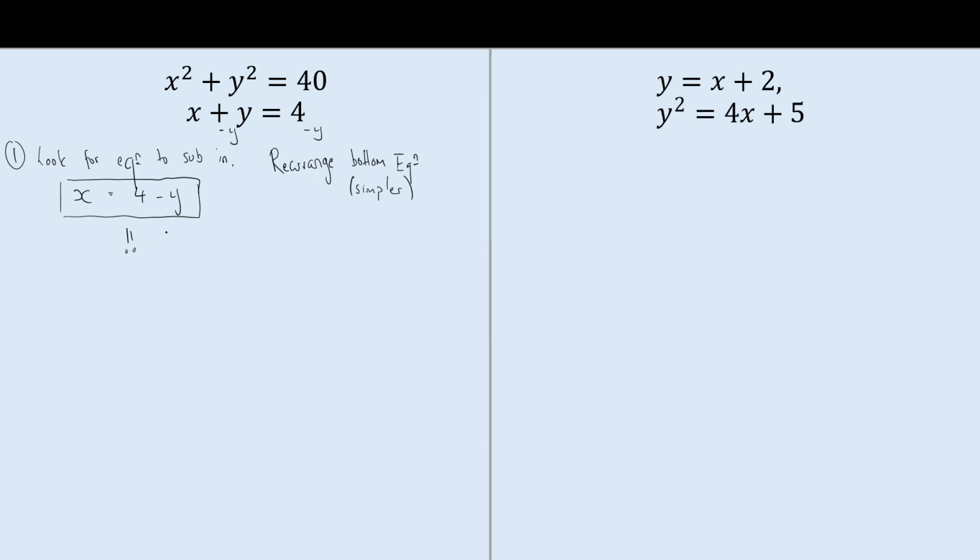When I'm putting that in, I must stick brackets around it, because this is saying x is being squared. We're replacing x with all of this, so all of that needs to be squared. Now this is a bracket to expand. Okay, like that.